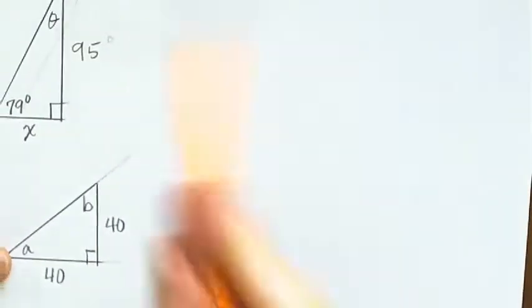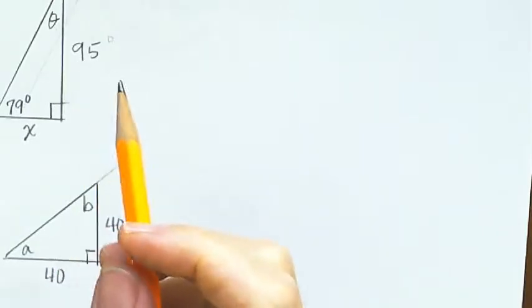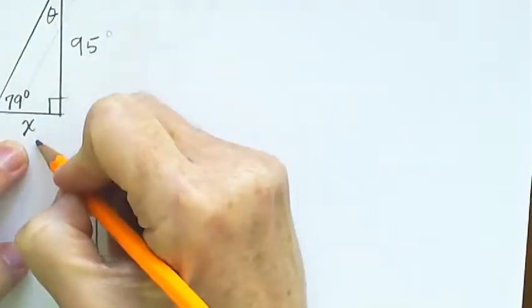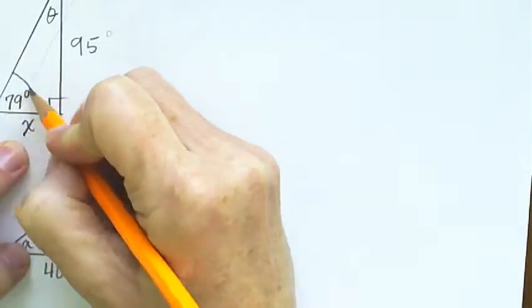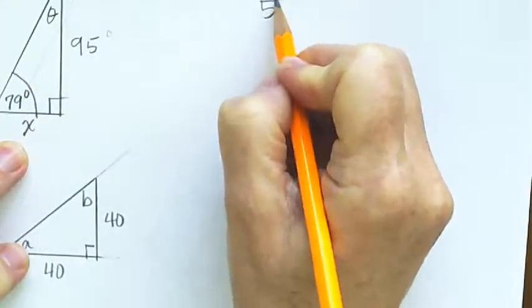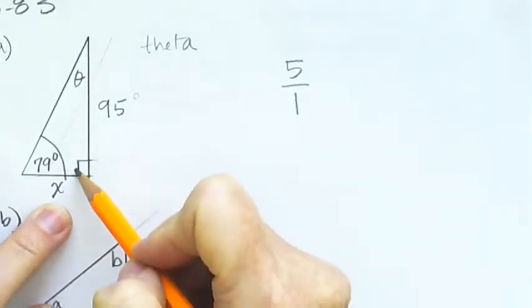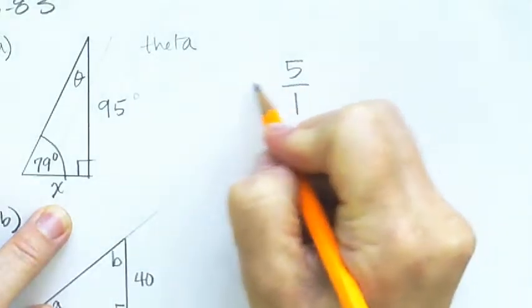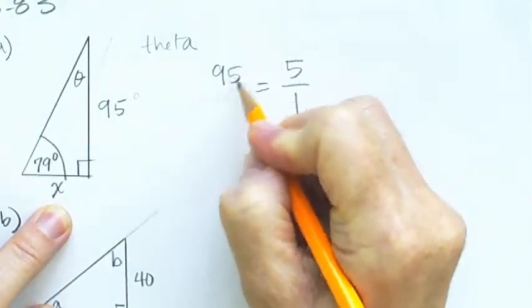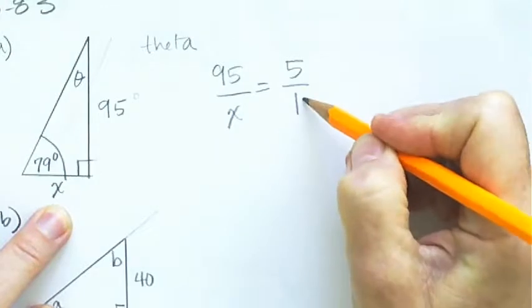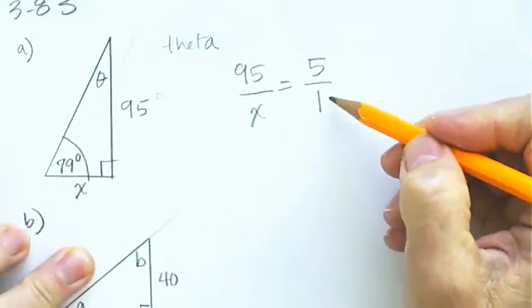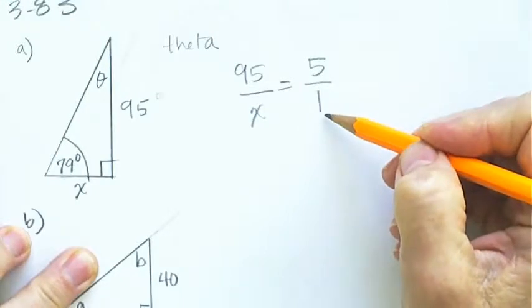So I know that my rise over run for this angle is always going to be 5/1. So in this case, my rise is 95. So I know that 95 divided by something is going to reduce to 5/1, because remember, all slope triangles on the same line are similar.